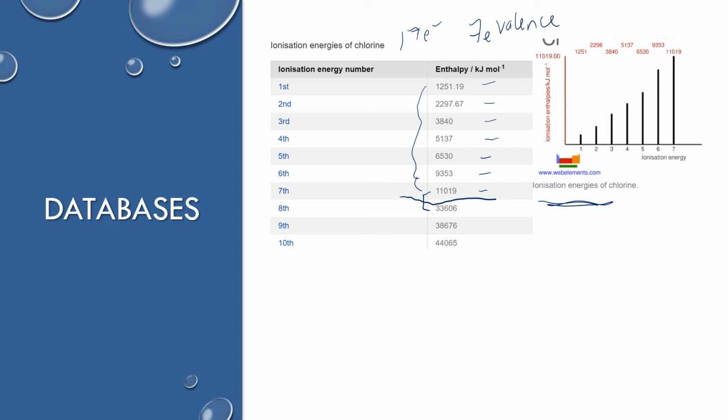The 2nd energy level is so much closer to the nucleus that the 8th electron takes much more energy to remove. So we can see these values supporting the evidence for the energy levels and how the electrons are arranged.